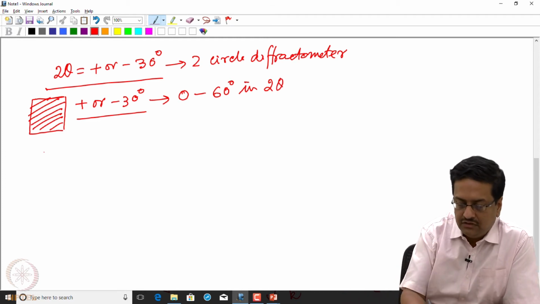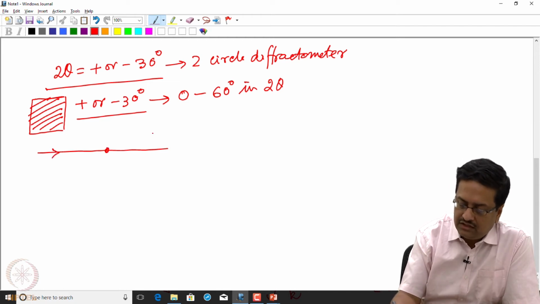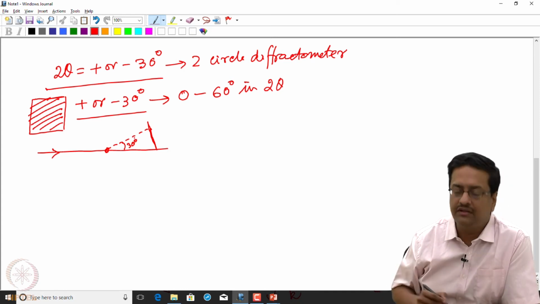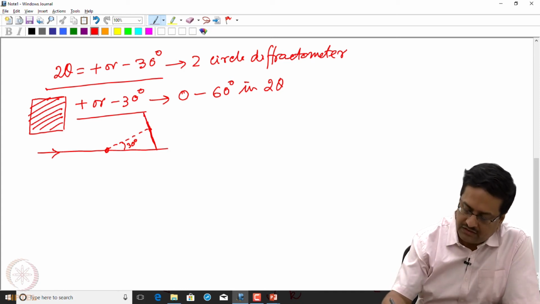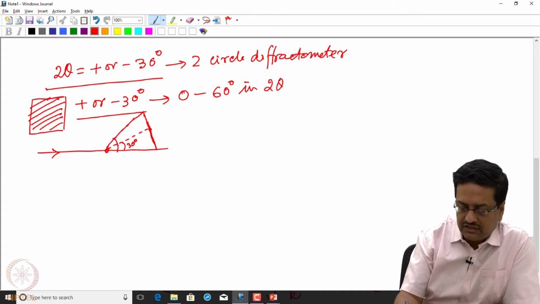That is, if we have the X-ray beam coming like that and a crystal in the middle, and the detector is located at about 30 degree with respect to the direct beam, it records data in the range of a total 60 degree in 2 theta.